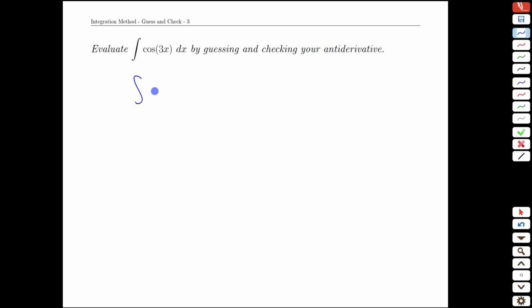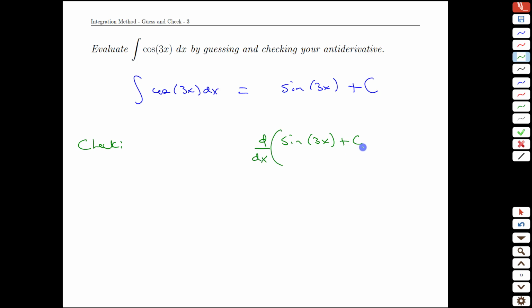If we're going to say the integral of cos of 3x is something like sine of 3x, and including our constant, that doesn't hurt, the way we can check this is working our way backwards. I like writing it underneath, saying we've got sine of 3x plus c, and then asking what's the derivative of that. So we're working this way on this side, and left to right on top.